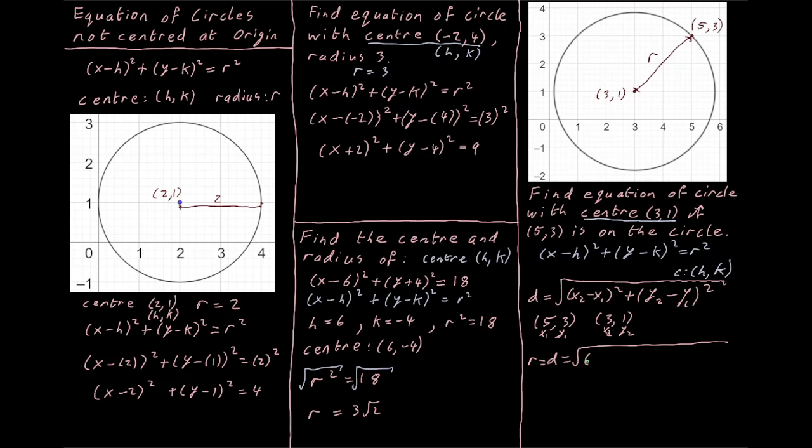So I have x2 minus x1, everything in brackets, plus y2 minus y1, and I tidy all of that up.